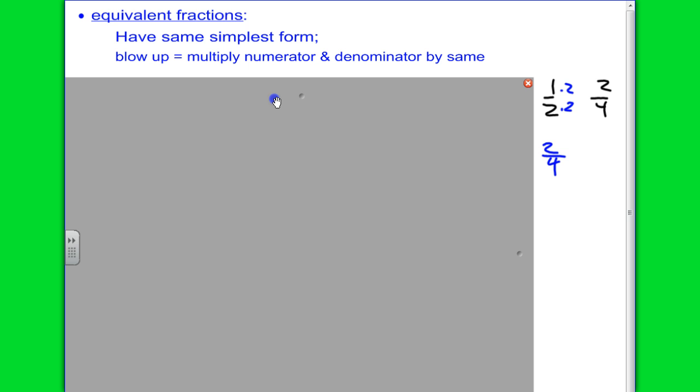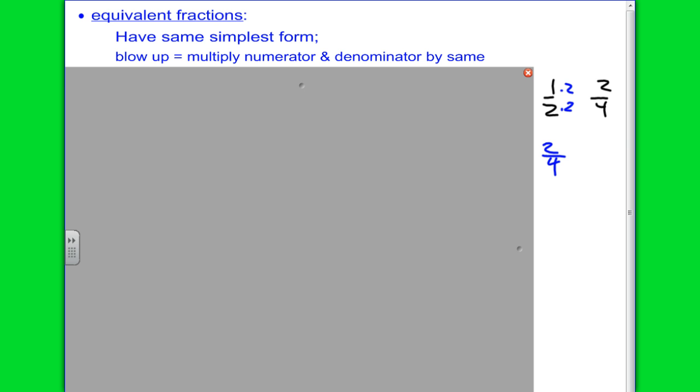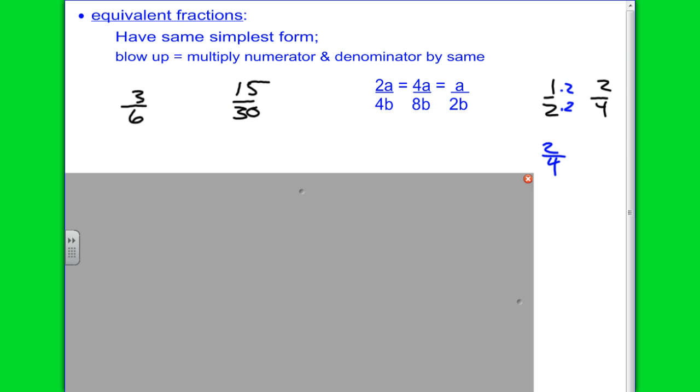So, most often people like to go to simplest form to compare fractions. You can also blow things up. Absolutely free to use whatever method works for you. Emma mentioned another really fun way to check whether fractions are equivalent.